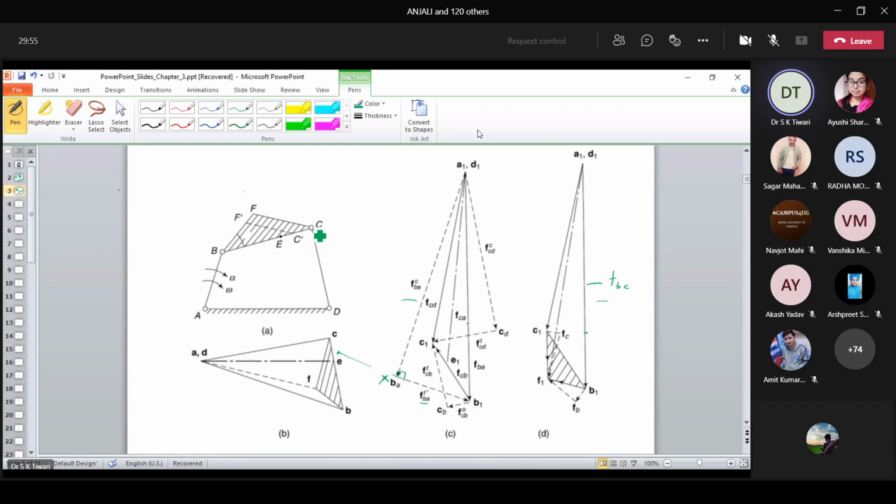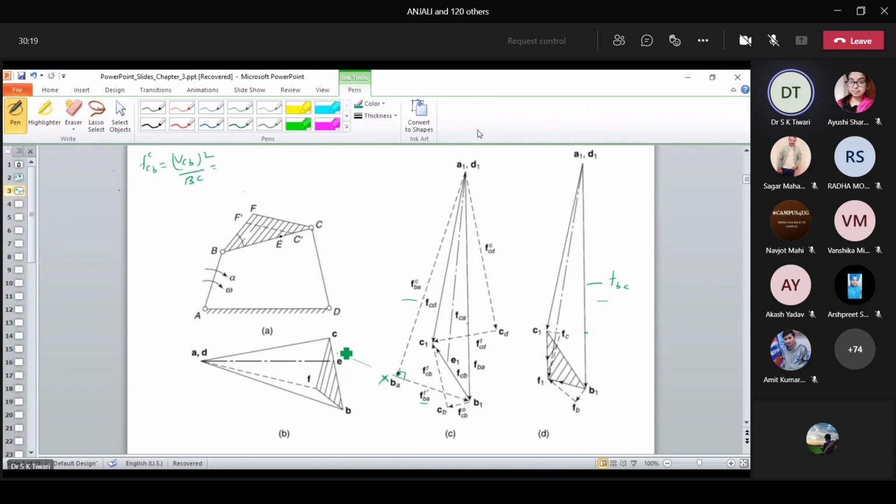Okay, for point C, again B is the center of rotation. If B is the center of rotation, it will have two components of acceleration. FC CB will be equivalent to velocity of C with respect to B squared divided by CB or BC.